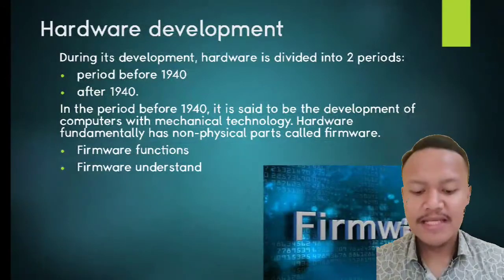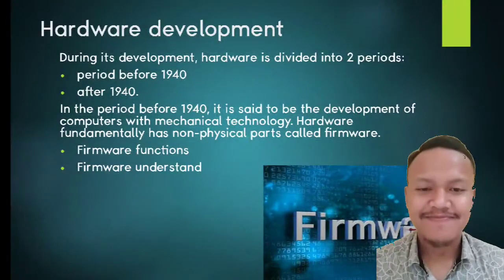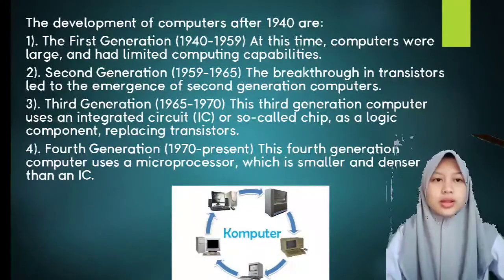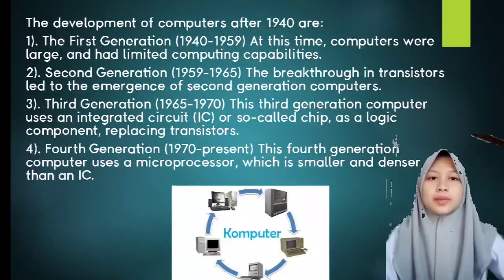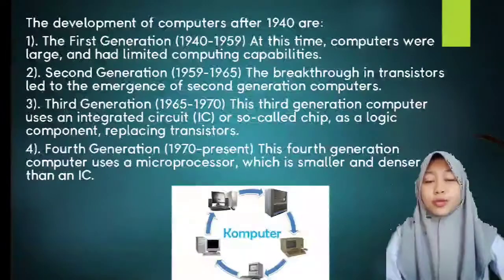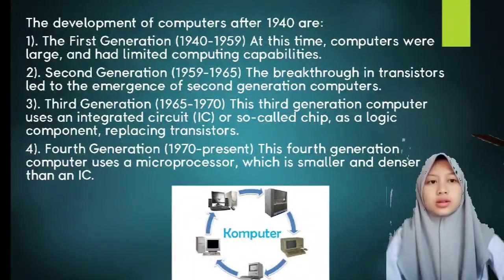So, for next, we'll continue about development by Rahma. First generation computers were large in size and limited in capabilities because the computer components used vacuum tubes. Computers at the time still used punch cards as a method of storing and entering data.